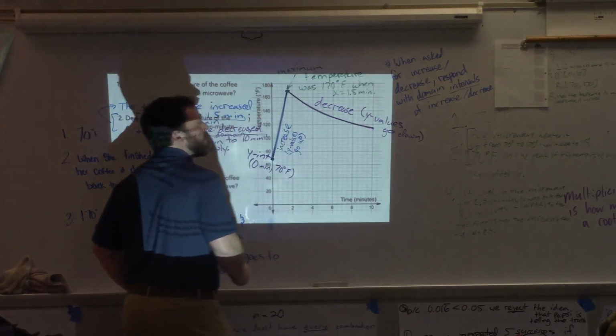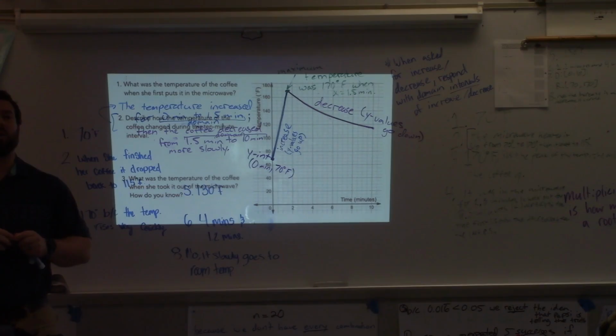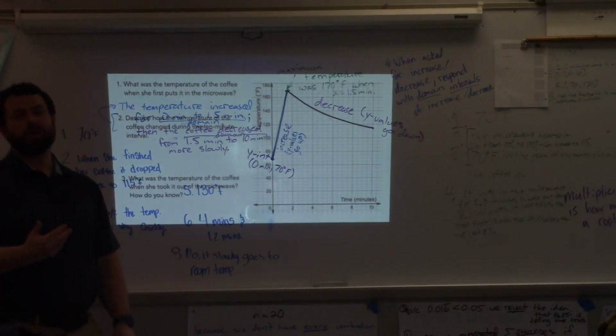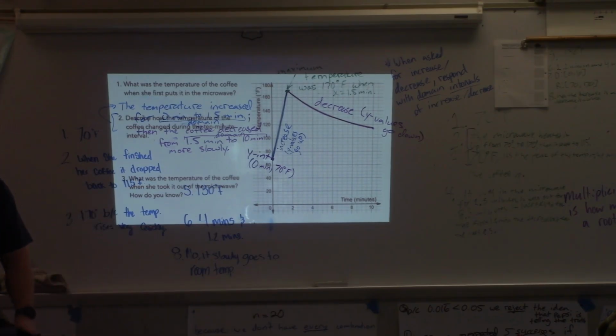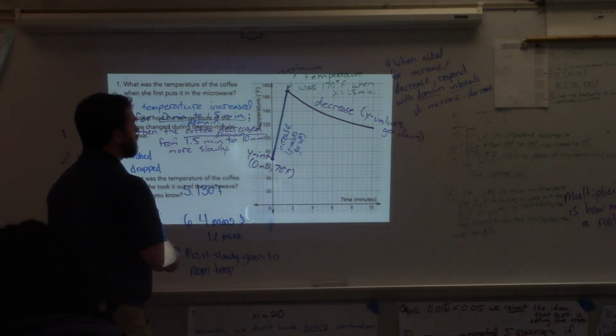The best way to write a maximum or minimum is to tell me what the y value is at an x value. Can you just write it as a point? Yes. It is better to write maximum, minimum as this output at an input, because what we're actually asking is what's the maximum output or the minimum output?